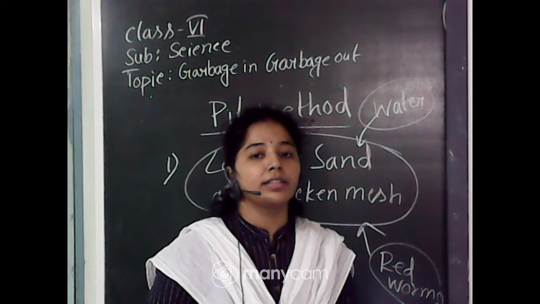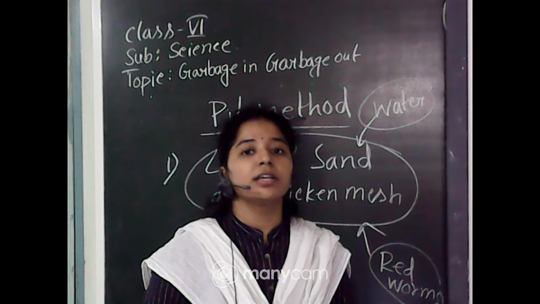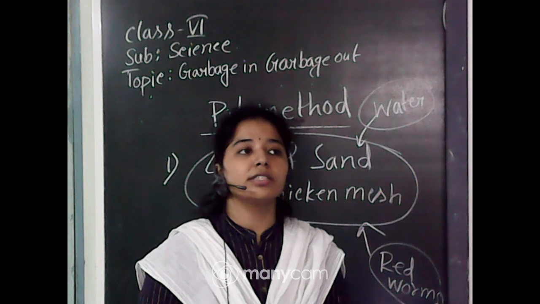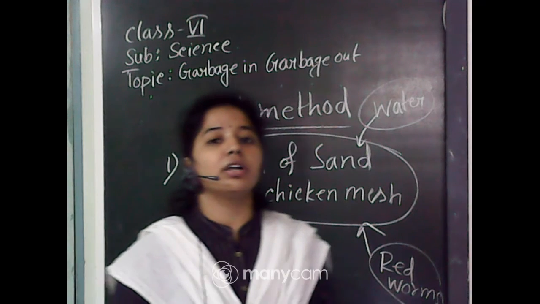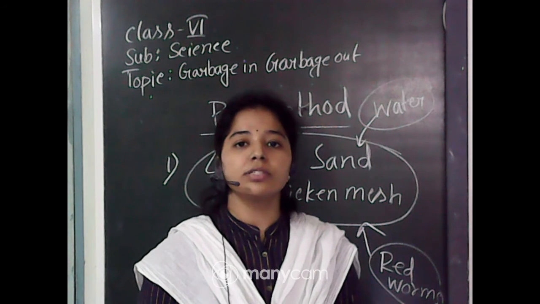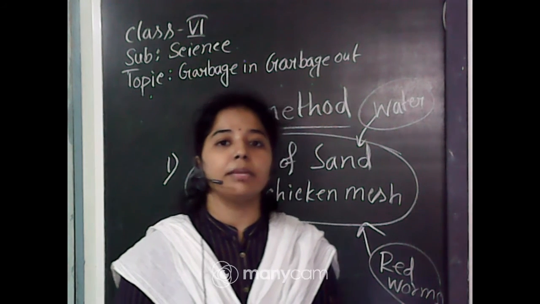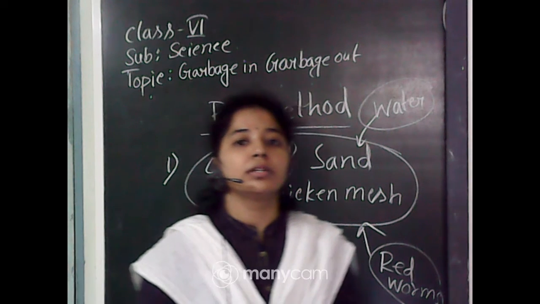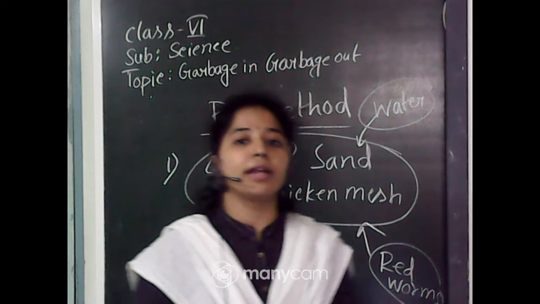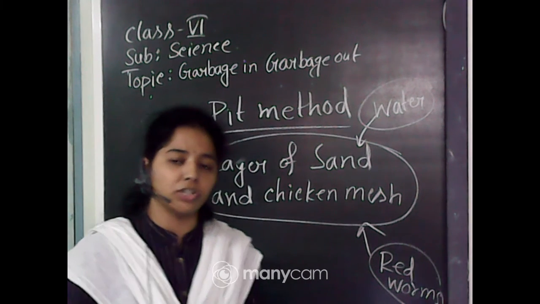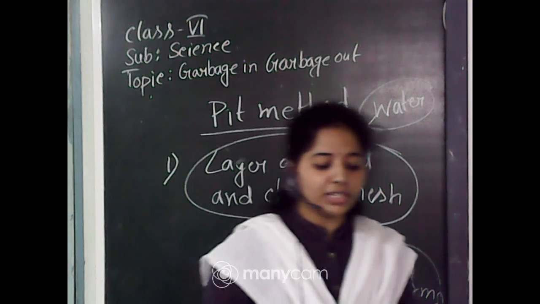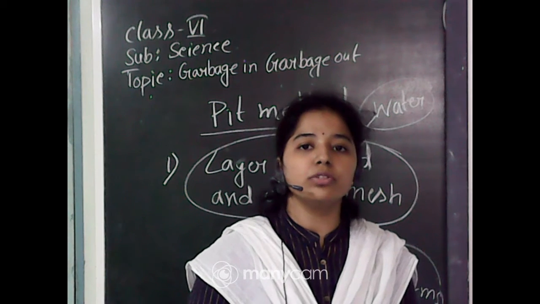Okay, that is the excreta of these redworms. The vermicompost is the excreta of the redworms, which is rich in many minerals like calcium, magnesium, phosphorus, potassium and many other things like nitrates also. Okay, in this way vermicompost is made.